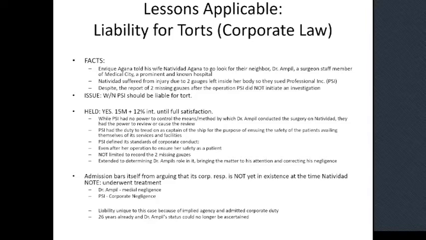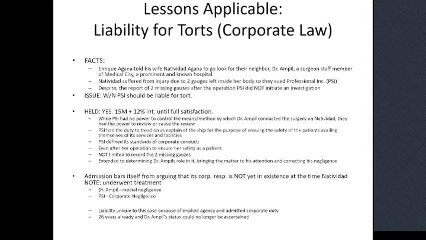And as a result of the operation that Natividad Agana underwent in Medical City, Natividad suffered injury because some gauze were left inside her cavity after the operation. So they lost two gauzes.